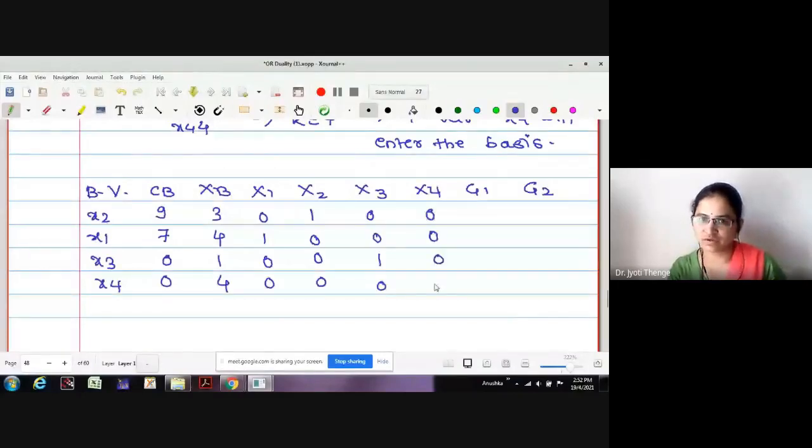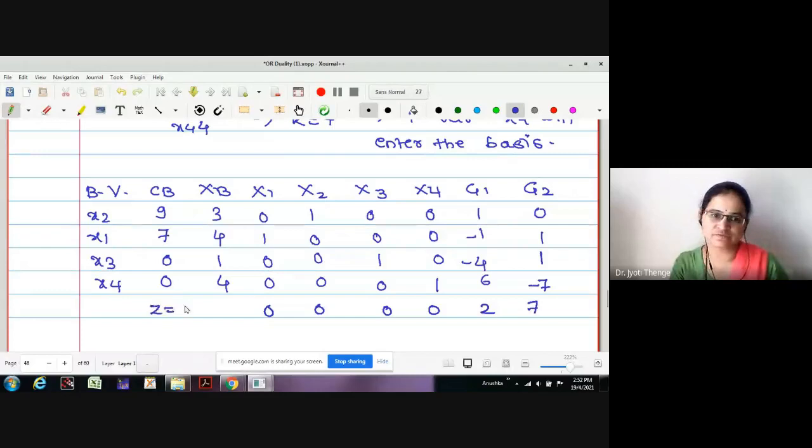Now g1 is 1, minus 1, minus 4, 6, 0, 1, 1, minus 7, and the delta entries are 0, 0 for the first variables, and for g1, g2 this is 2 and 7, and the value of z is 55.